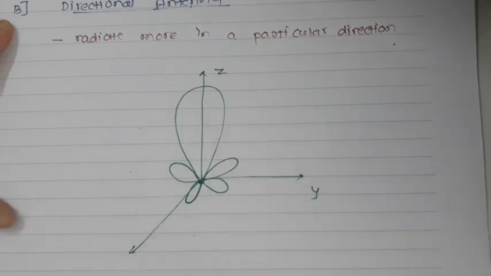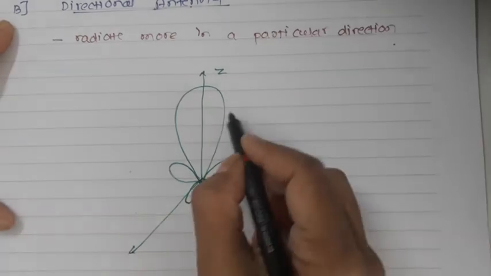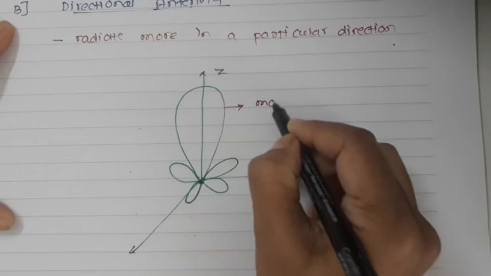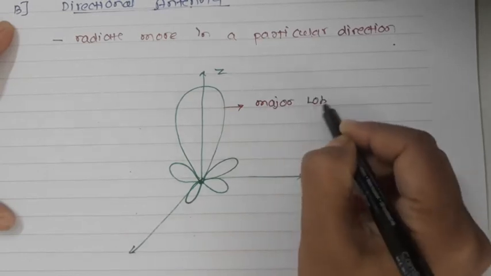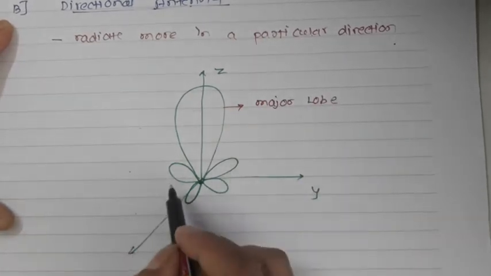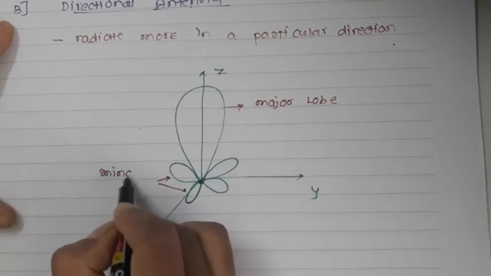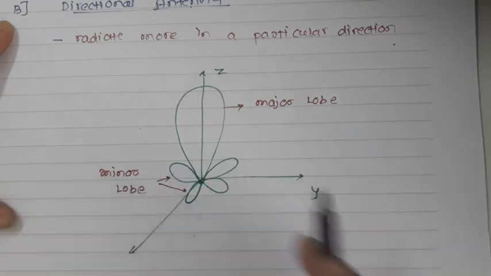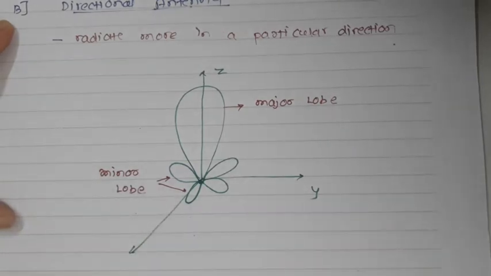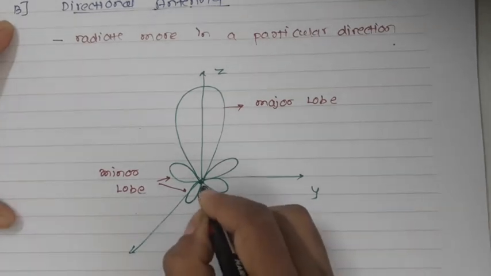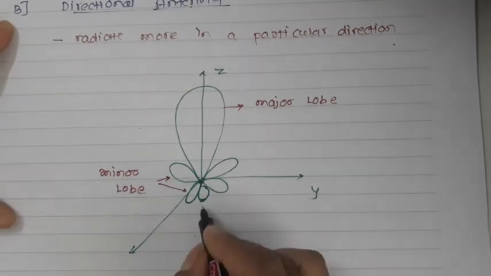Where it radiates more is called the major lobe. These lobes, which have less power compared to the major lobe, are called the minor lobes, and at 180-degree you will find one more lobe over here. This is called the back lobe.